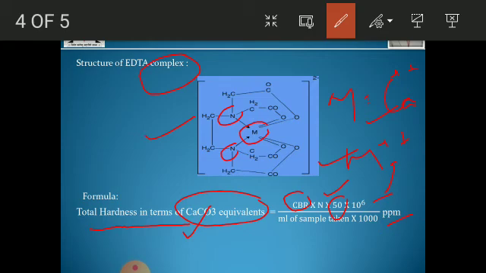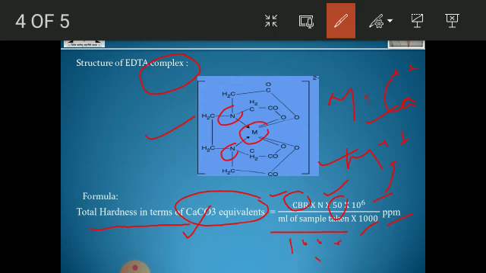To convert the answer to ppm, we have to convert the volumes in ml, the burette reading and the water sample taken from the pipette, into liters, so we divide by 1000.